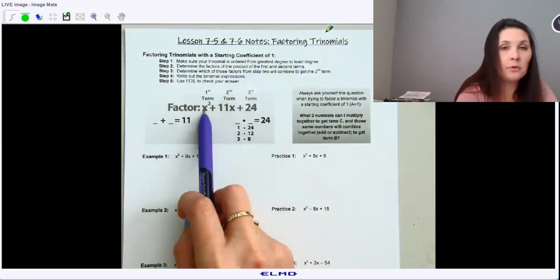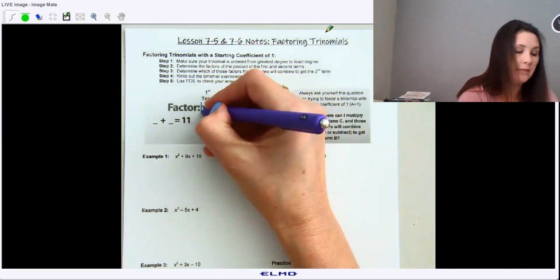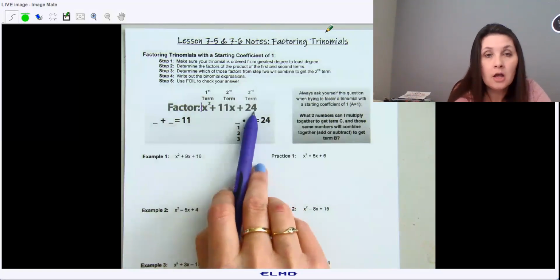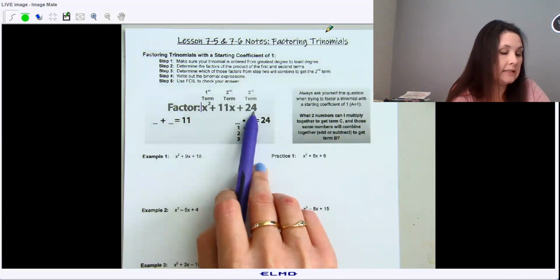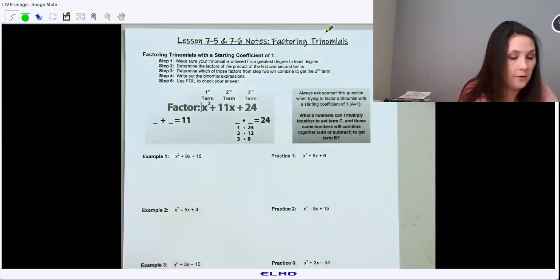So you have the first term right here, and there is an imaginary 1 there, and you have your third term, 24. The product of 1 and 24 is 24, and then you want to find the factors of 24.